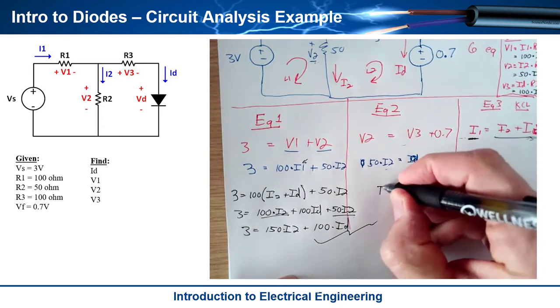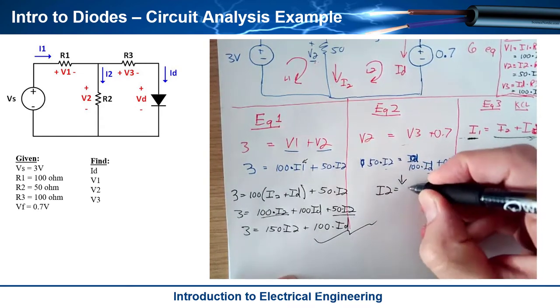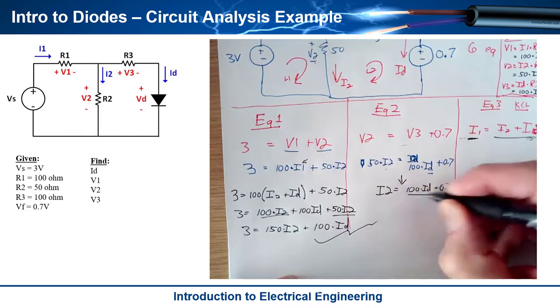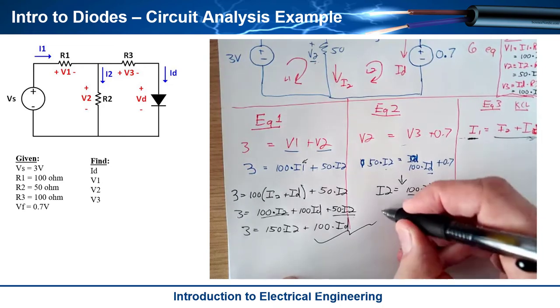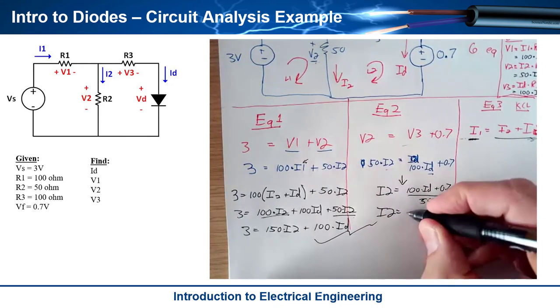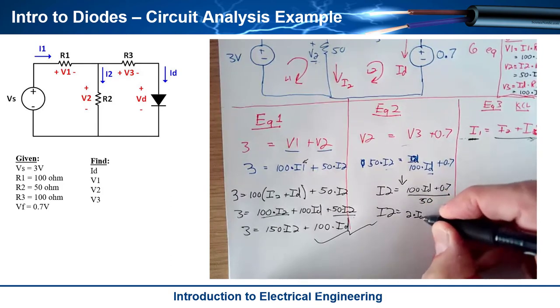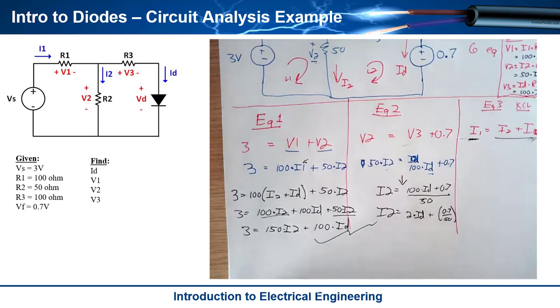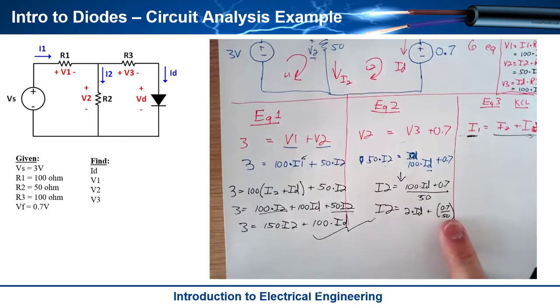So I2 is equal to 100 ID plus 0.7 over 50. And now I2 is equal to 100 over 50 ID, which is 2 ID, and then I'm going to have 0.7 over 50. I'm just going to leave it in the fractional form.